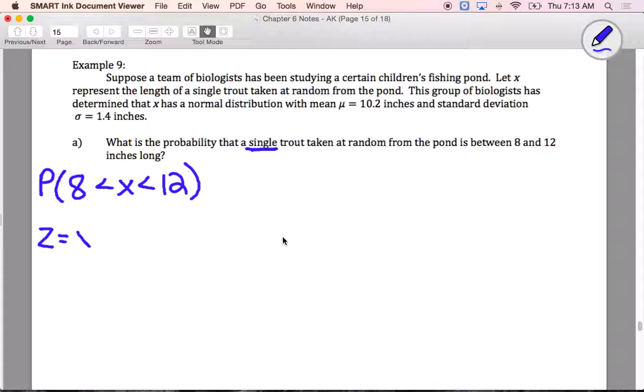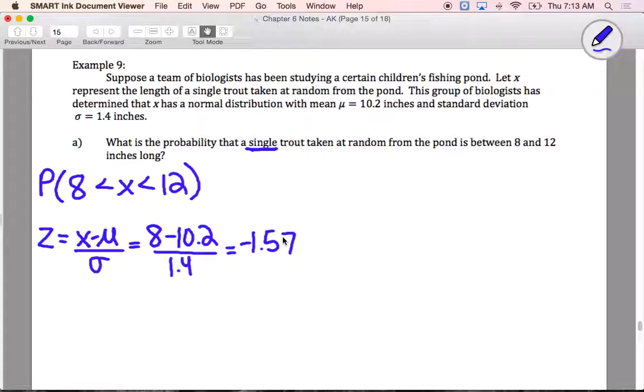So remember, z is x minus mu over sigma. So we'll start off with 8. 8 minus 10.2 over 1.4. So we're going to subtract the top and divide. Remember, 2 decimal places. So I have a negative 1.57.